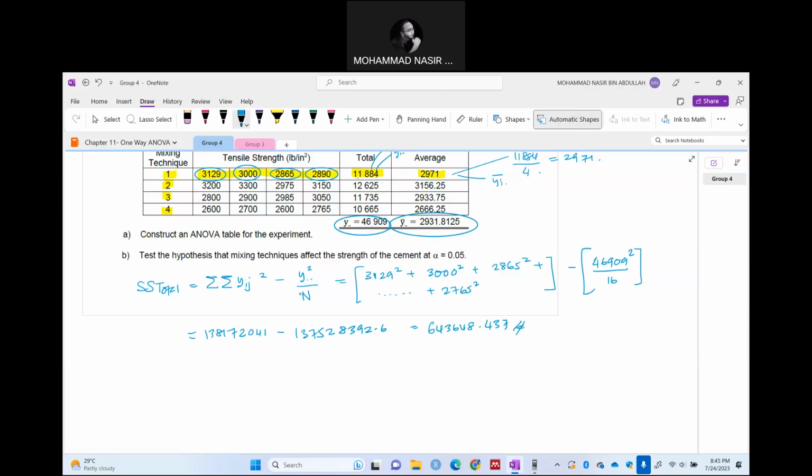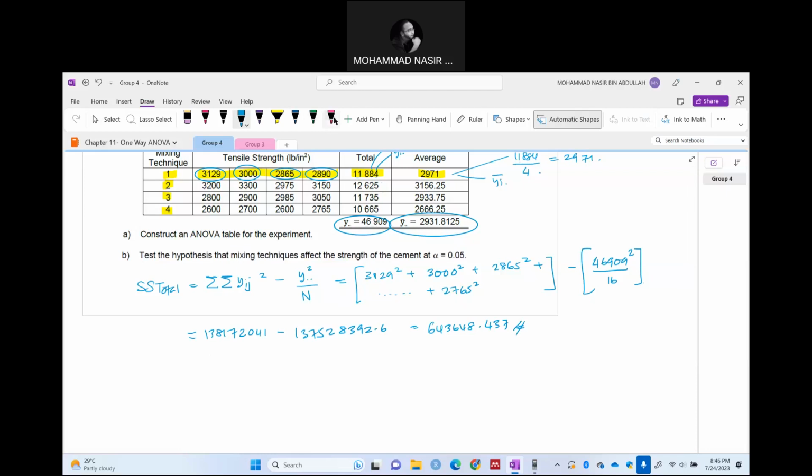Dapat same value? Any question? Right. So this is a summation of total, sum of square total.